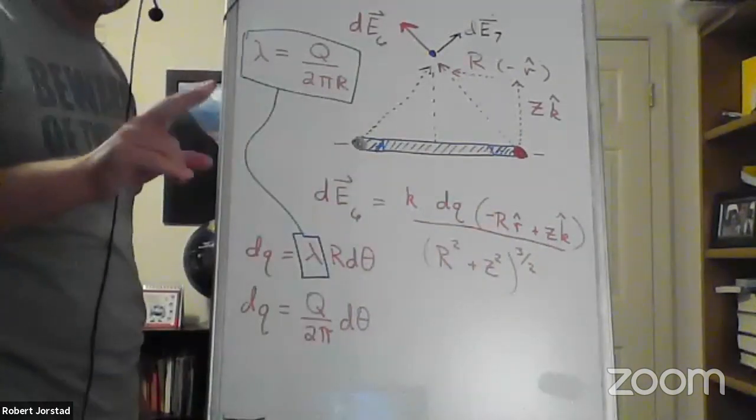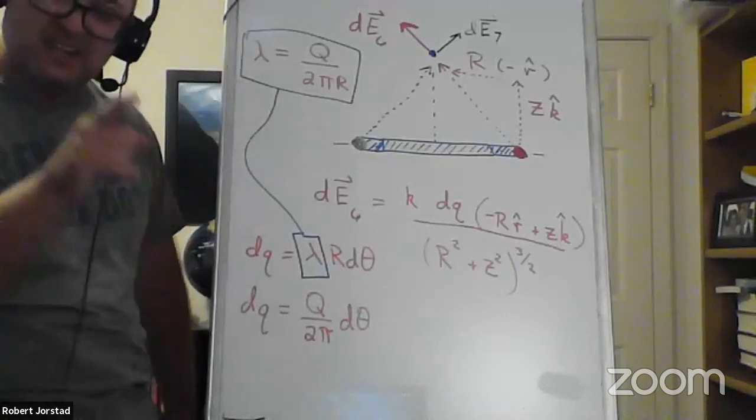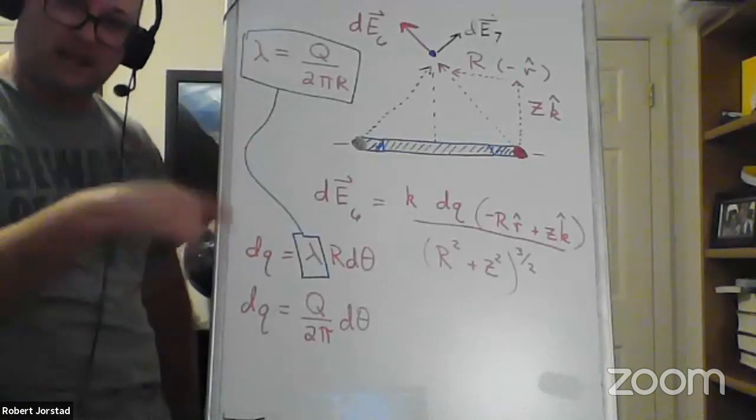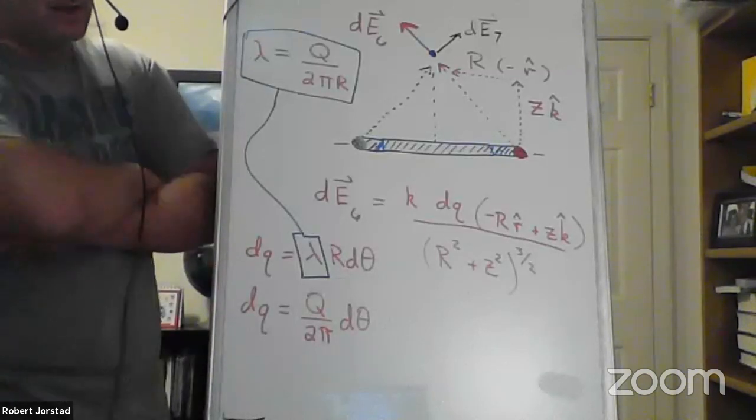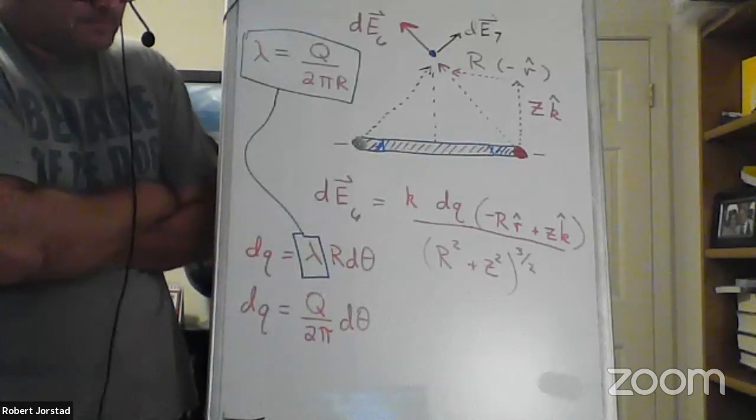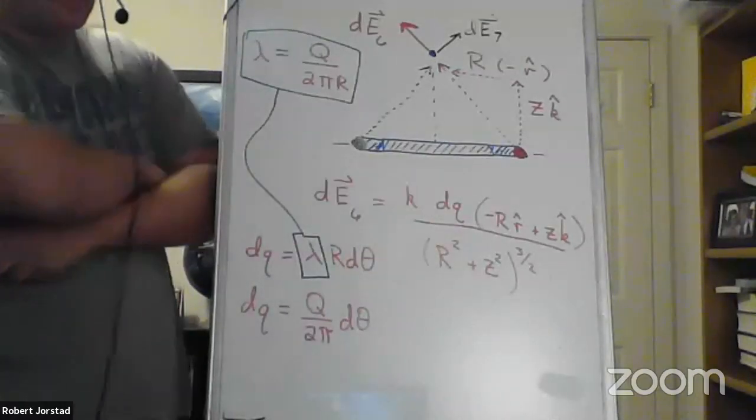Now we've got to be careful here. There's one thing in here that is dramatically changing as you go around the circle. What? Theta is changing. What else? Something in here. Oh, the R hat.